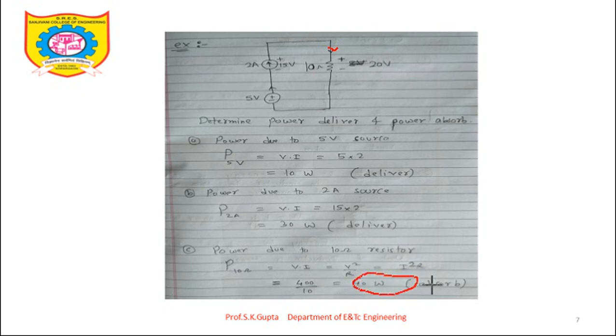One more formula you can apply: power equals I square into R. Current is 2 ampere, so 2 square is 4, into R which is 10, so 4 into 10, again the answer is 40 watt, and that power is absorbed because current is entering the positive terminal.